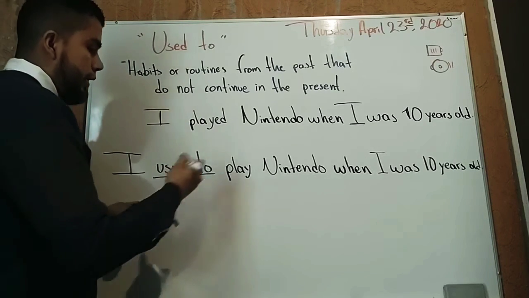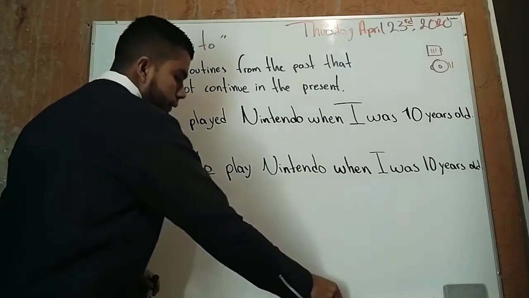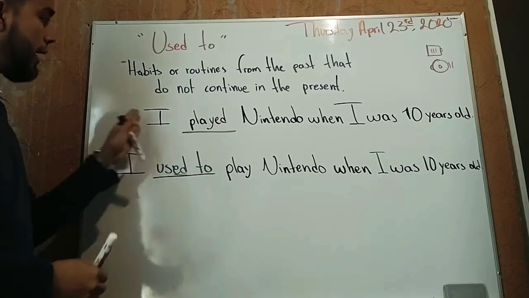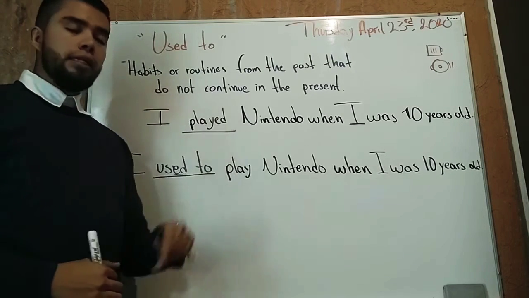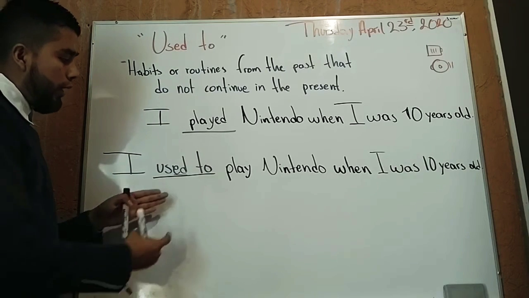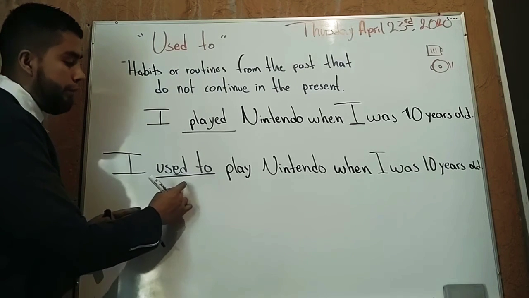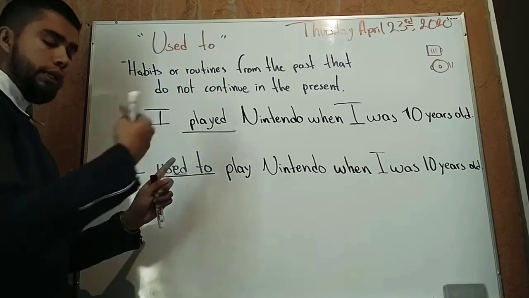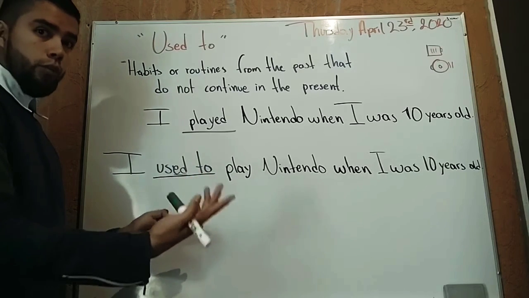Now check what is different. In a normal sentence, in simple past, I played Nintendo when I was 10. But here we are including used to. So remember that you cannot have past and past. That is not possible.